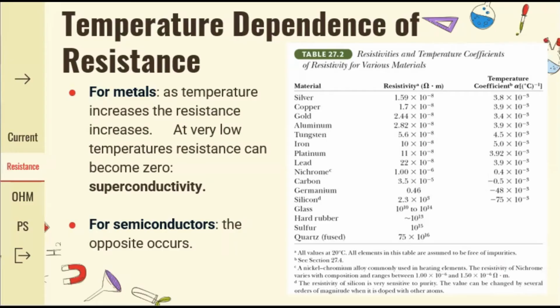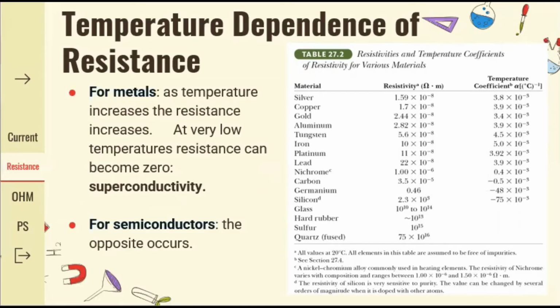It is called a superconductor, because it has the ability to not resist any current or electrons passing through the material. For semiconductors, on the other hand, the opposite occurs. When the temperature is low, the resistance is high.